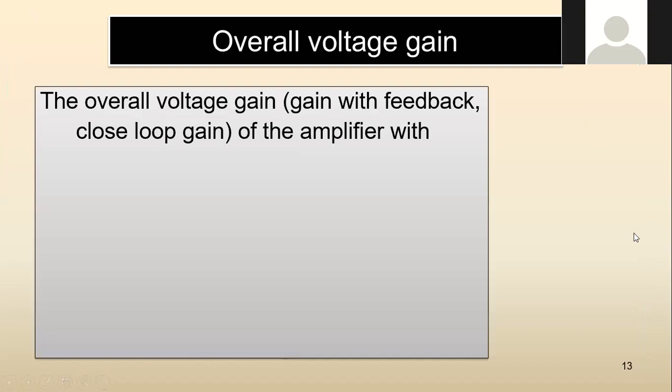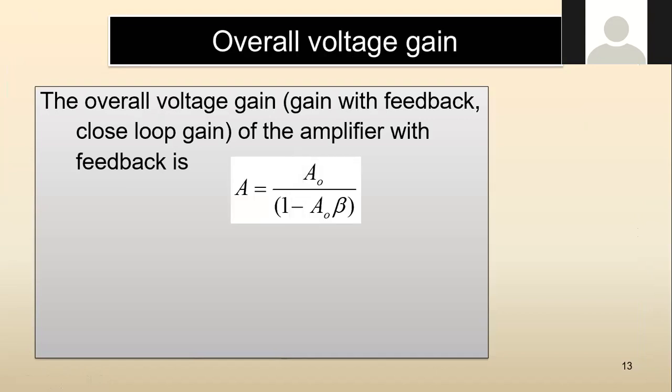Right? So the overall gain, where we have feedback, or the closed loop gain of the amplifier with feedback, is given by this formula. You don't need to know how to derive it, but we can learn something from it.